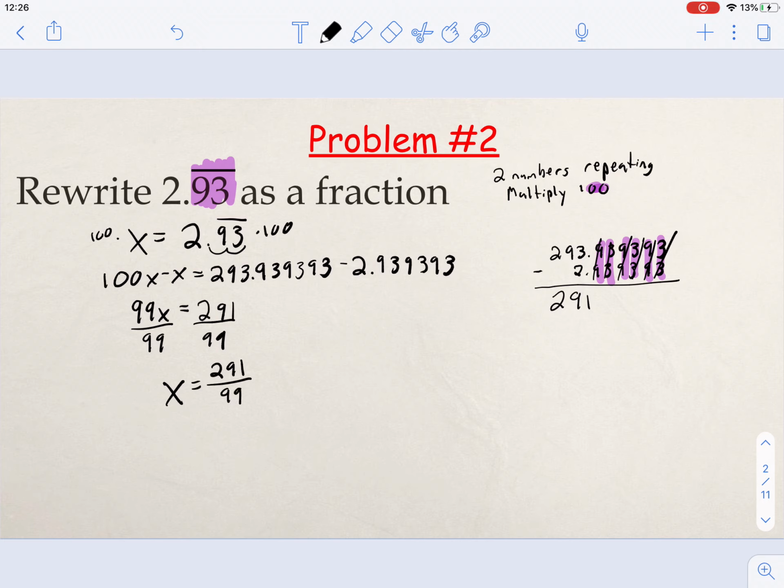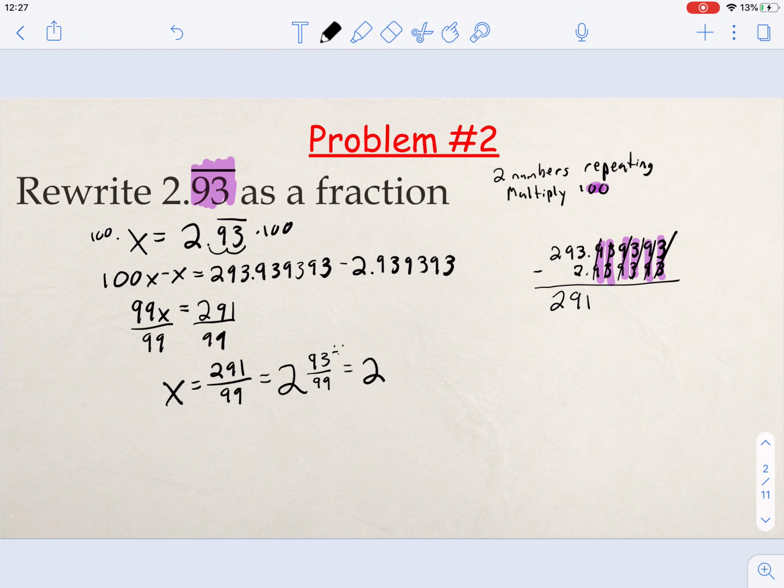Now I need to turn this into a mixed number. I do not want to leave it as an improper fraction. 99 goes into 291 2 times, and 99 times 2 is 198. So I'm left over with 93 over 99. Now I need to simplify this. The 2 can stay.